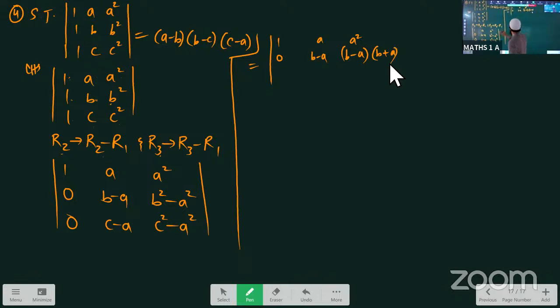Next, in the same way, third row is 0, c minus a, and c square minus a square is c minus a into c plus a.